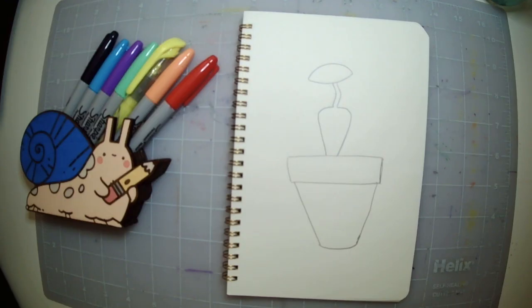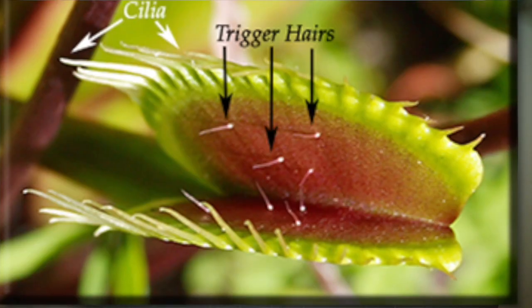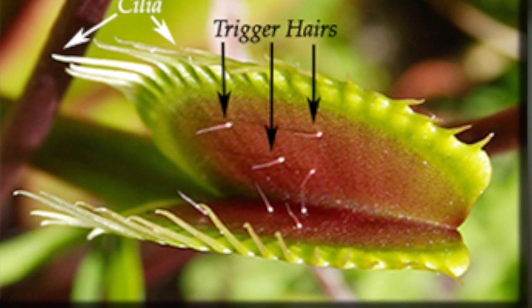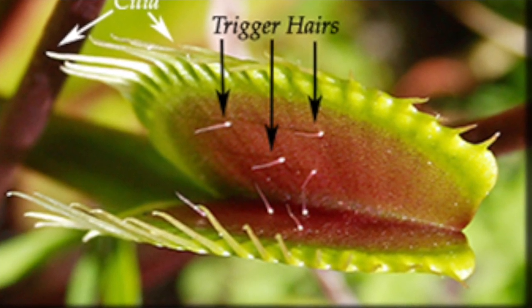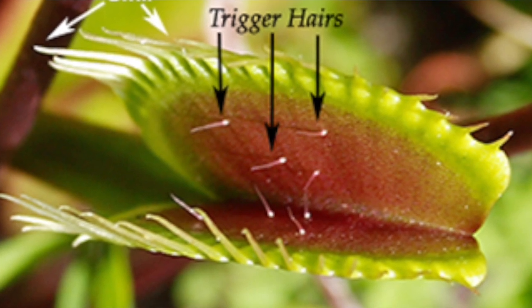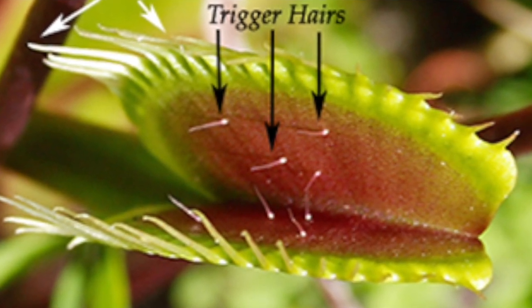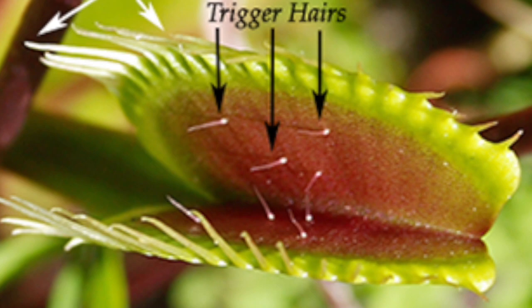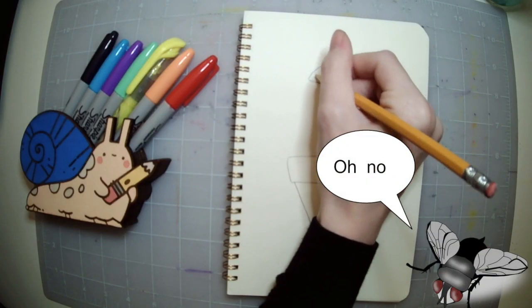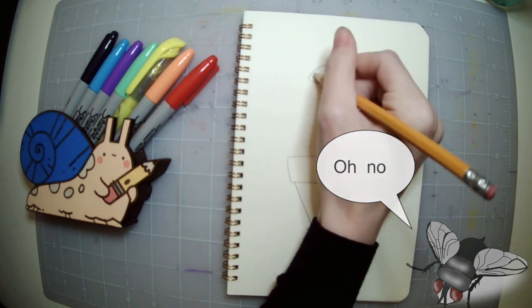The next thing we have to do is draw the trap part of our Venus flytrap. This is the part that makes the mouth of the Venus flytrap. They're kind of sticky trigger hairs, sticky hair-like things that come off of the Venus flytrap that trap things like flies inside of the trap's mouth.